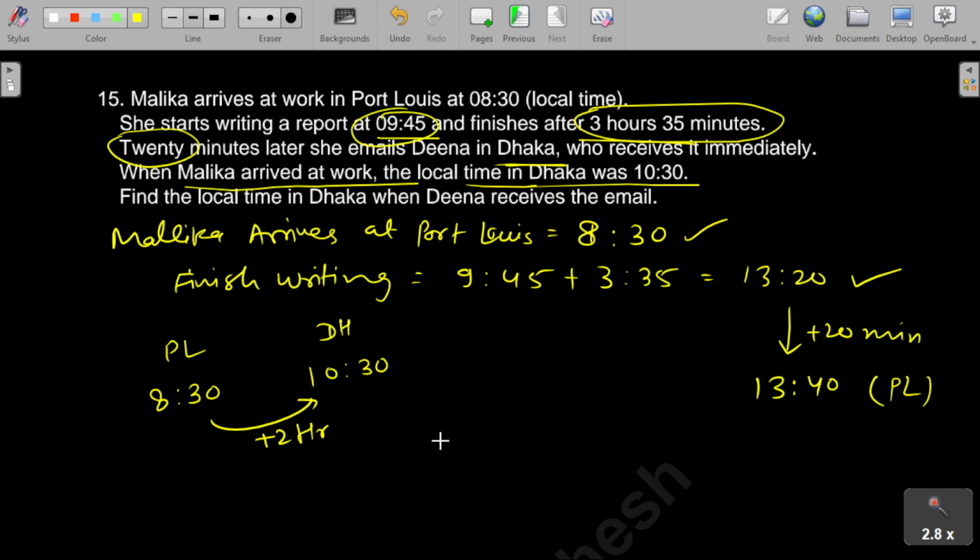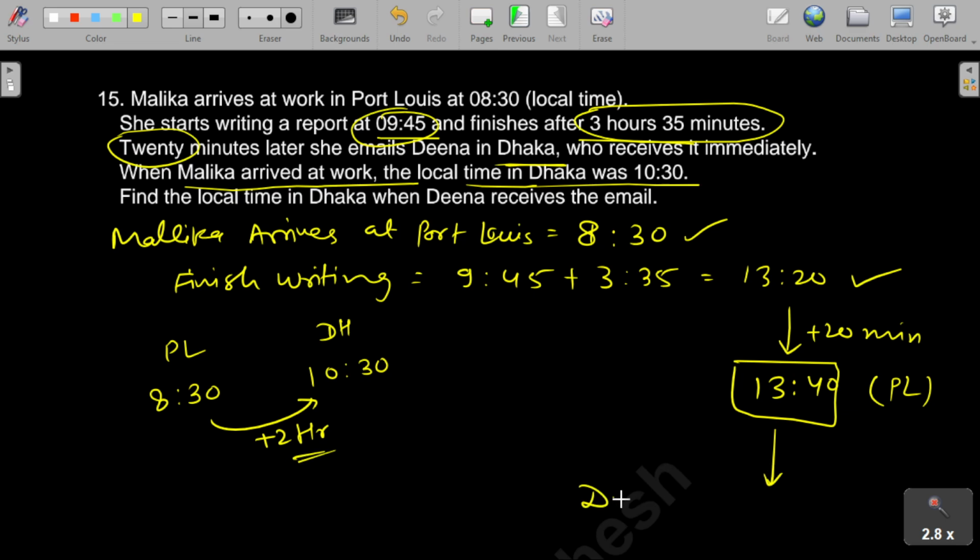Okay, Dhaka is 2 hours ahead of Port Louis. So when the email sent at 13:40, okay, this is Port Louis time, and we have to find the time in Dhaka when Dina receives. So we know that Dhaka is 2 hours ahead of Port Louis.